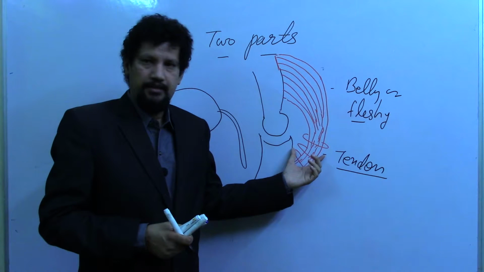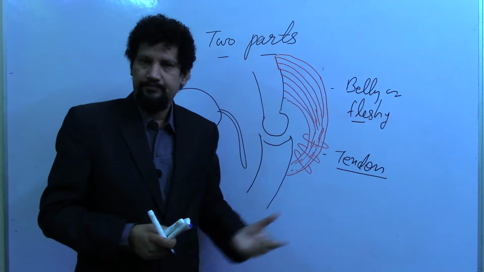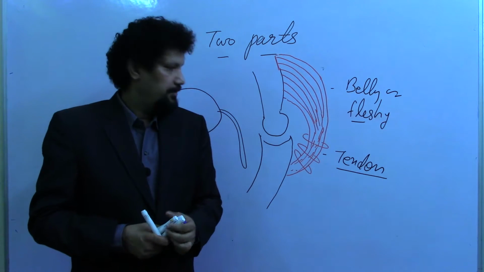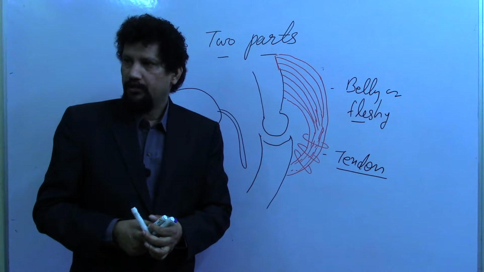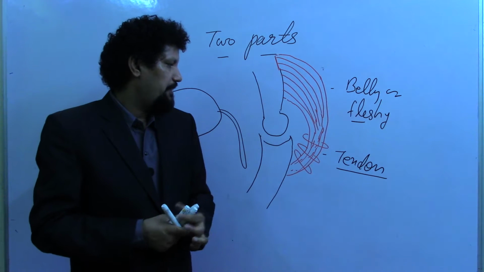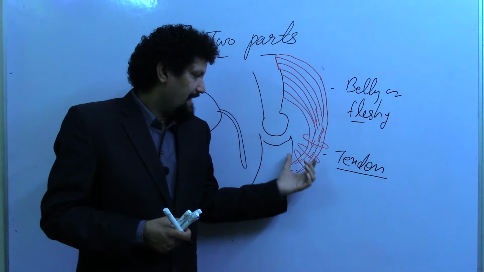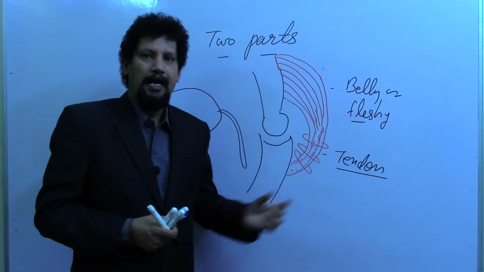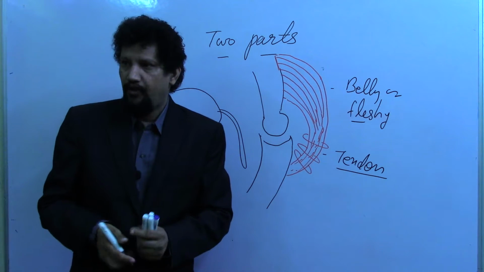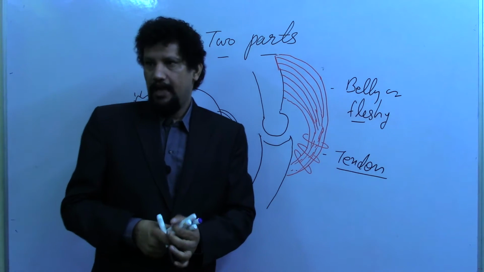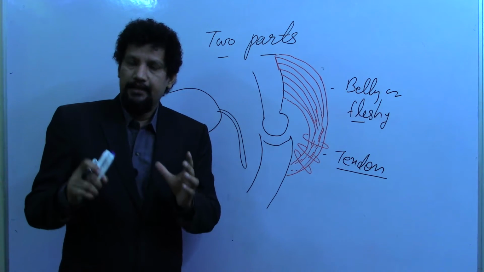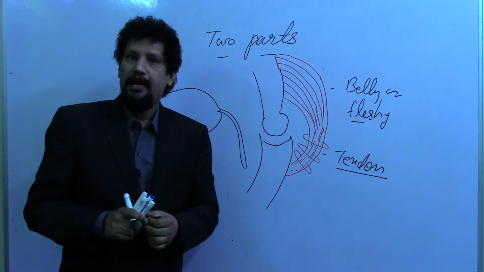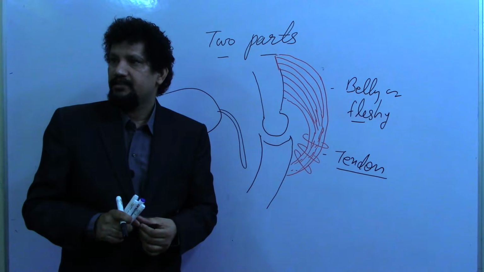This part known as tendon, transferring the pressure to the other part of the bone, is formed by densely regularly arranged collagen fibers, or I can say the tendon is formed by regularly densely arranged dense connective tissue.